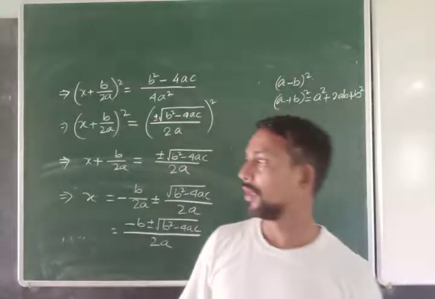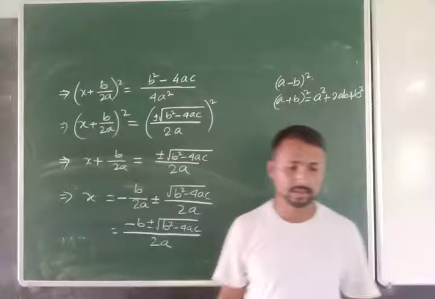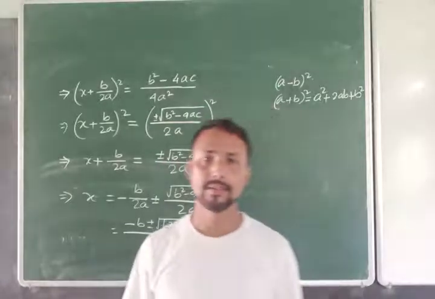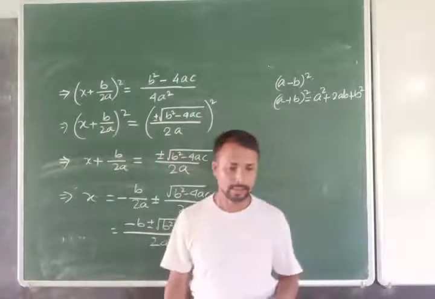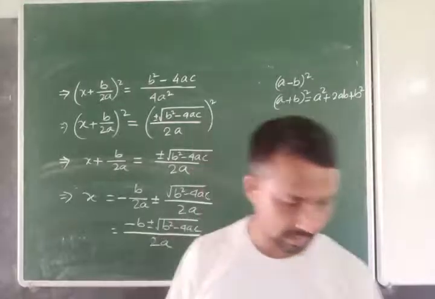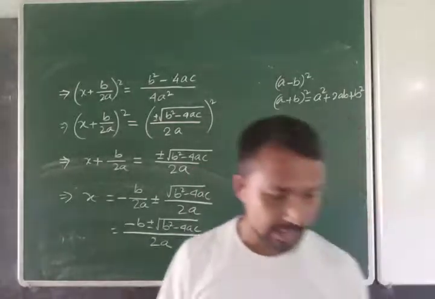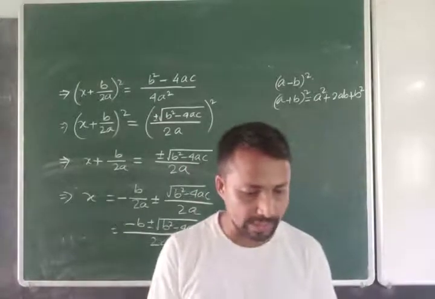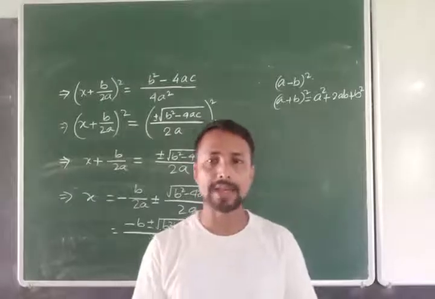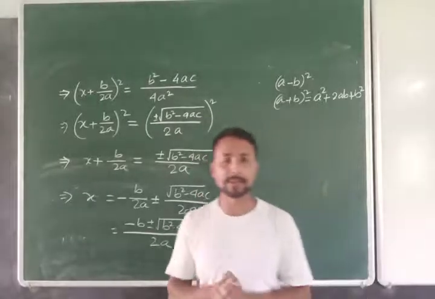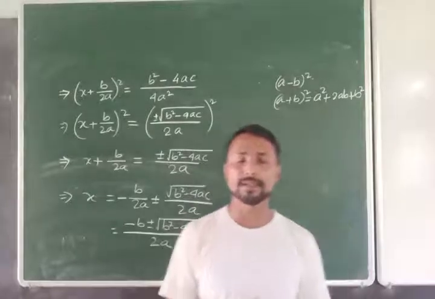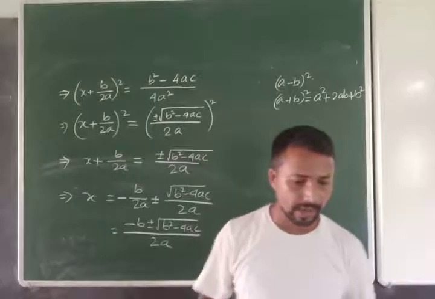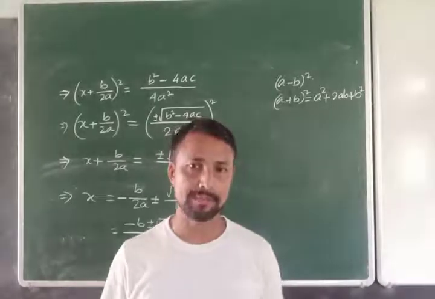Yes. Did you get the 3 points there? Yes, sir. Check those 3 points, from a little above: b square minus 4ac determines whether the quadratic equation ax square plus bx plus c equal to 0 has real roots or not.